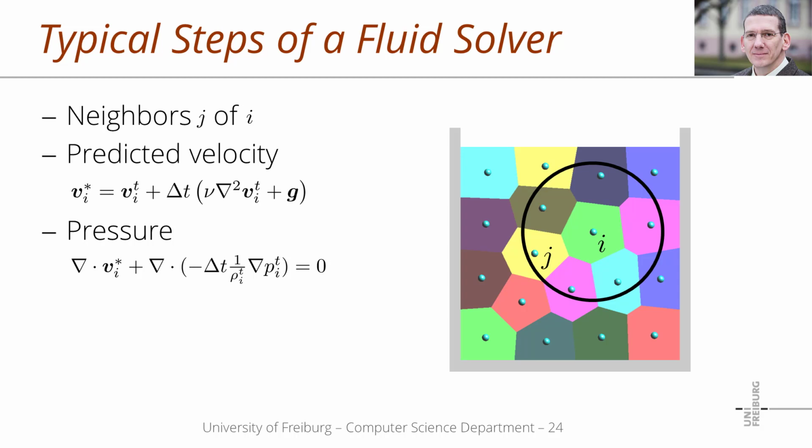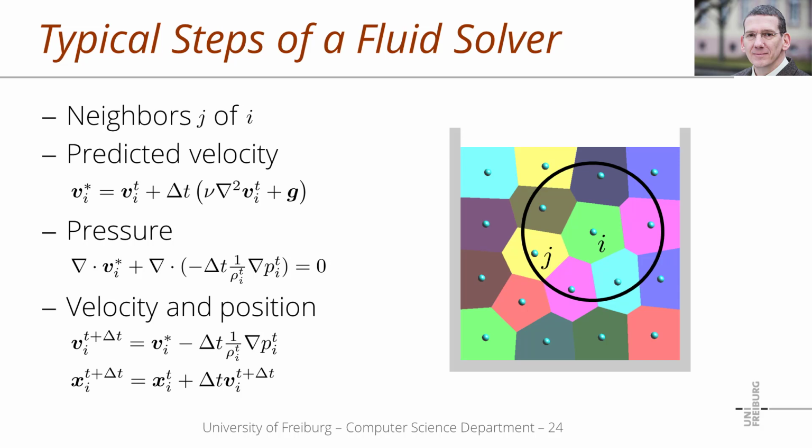So we are interested in pressure such that the respective acceleration and the respective velocity change makes our velocity field divergence-free. In this equation, the gradient and the divergence operator are implemented as sums over adjacent particles. So we end up with a linear system with unknown pressure values p. Then we solve this system to get pressure values at all particles.